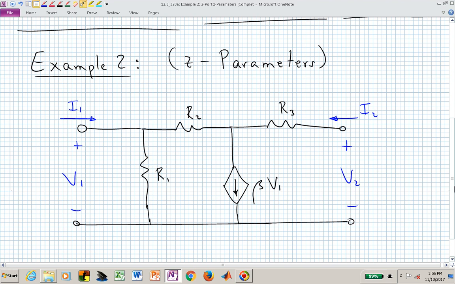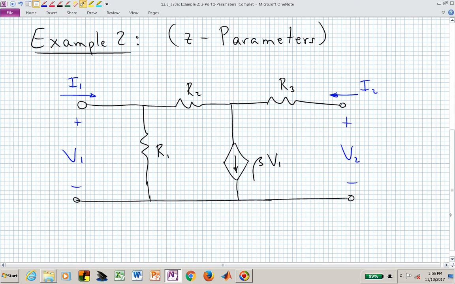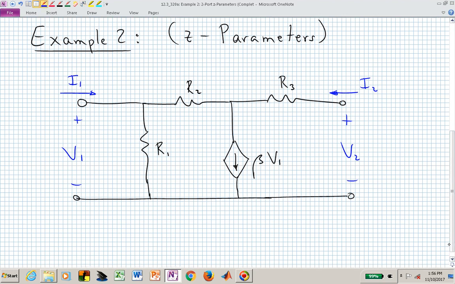That is a dependent current source that is a function of the voltage at the input port of our two-port network. And we want to see if we can find expressions for Z11, Z12, Z22, and Z21, our 4 Z parameters, which involves having I1 and I2 as independent variables.